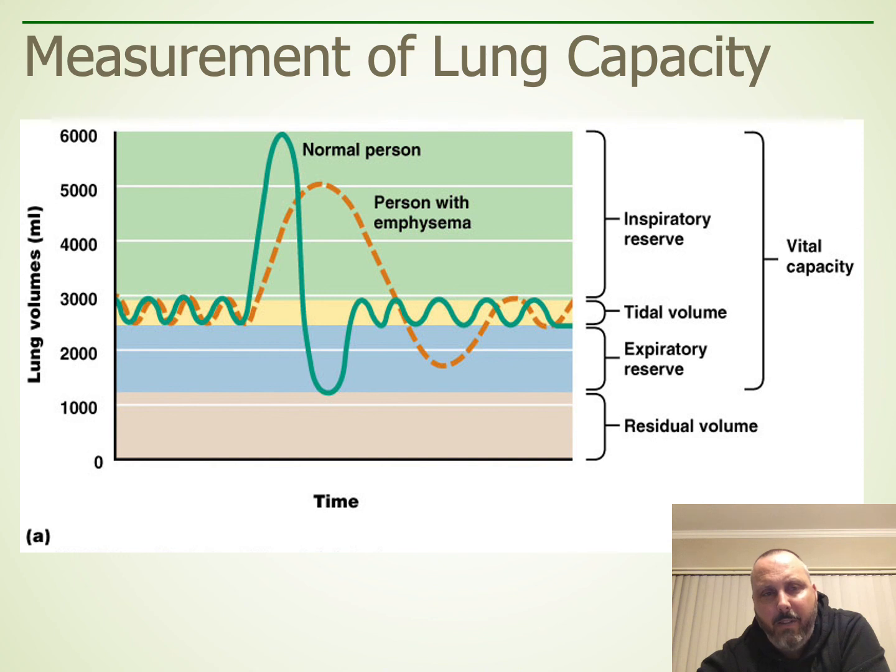The dotted orange graph shows what happens when someone has emphysema. Any of those conditions are going to impact one of those portions of how our body functions, and therefore have a really negative impact on our health.